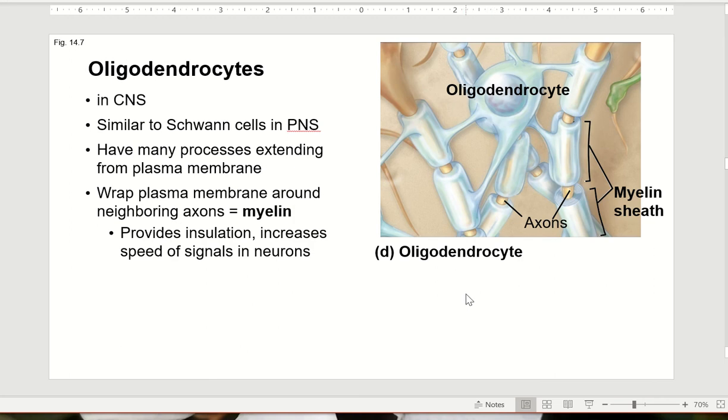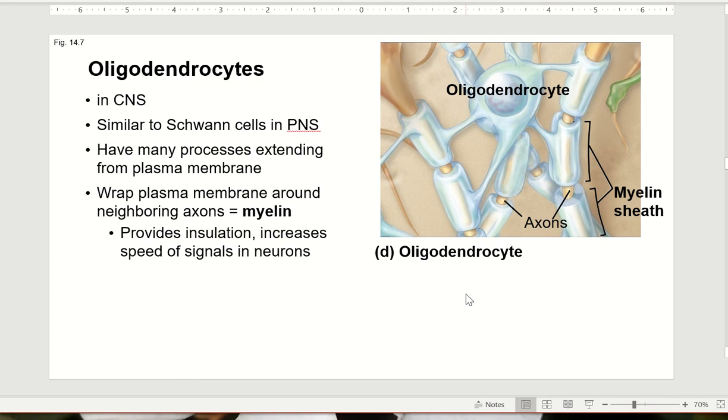All right, now oligodendrocytes. Oligodendrocytes make the myelin sheath in the central nervous system. In the peripheral nervous system, the myelin sheath is made by the Schwann cells, or the neurolemocytes. The oligodendrocytes are a little different because they have processes that they stick out to several axons and wrap around to create the myelin.